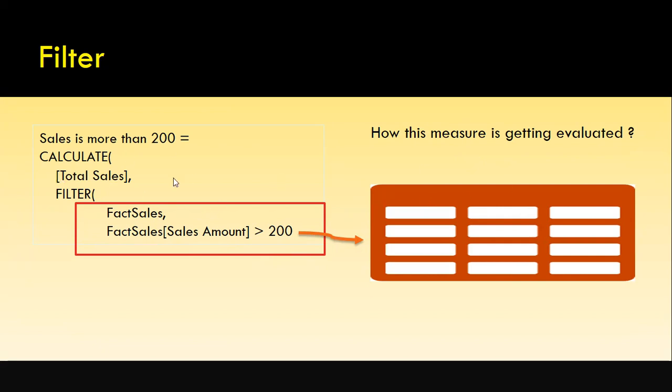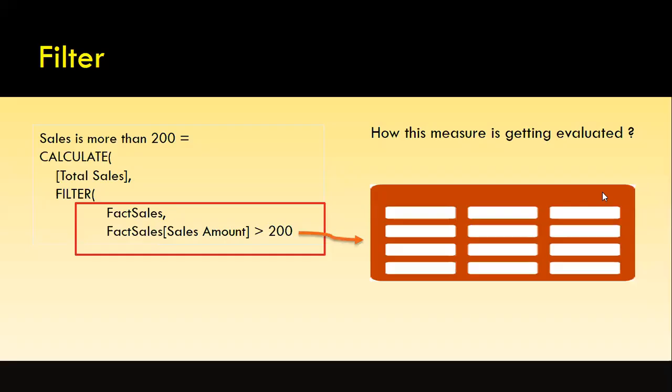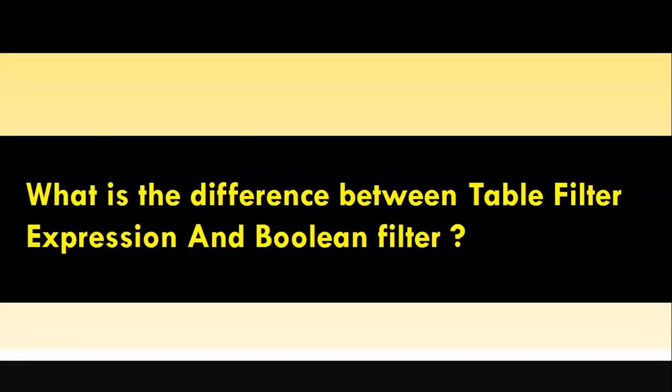On top of that, the sum of sales will get applied. So the total is nothing but the measure in this case. In this measure, I have used sum of sales amount, so the sum of sales amount will get computed on top of this subset of the data. Got it?